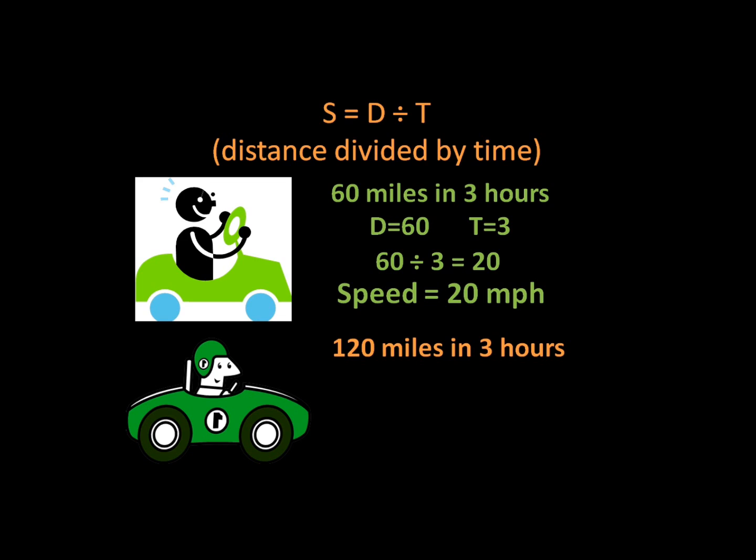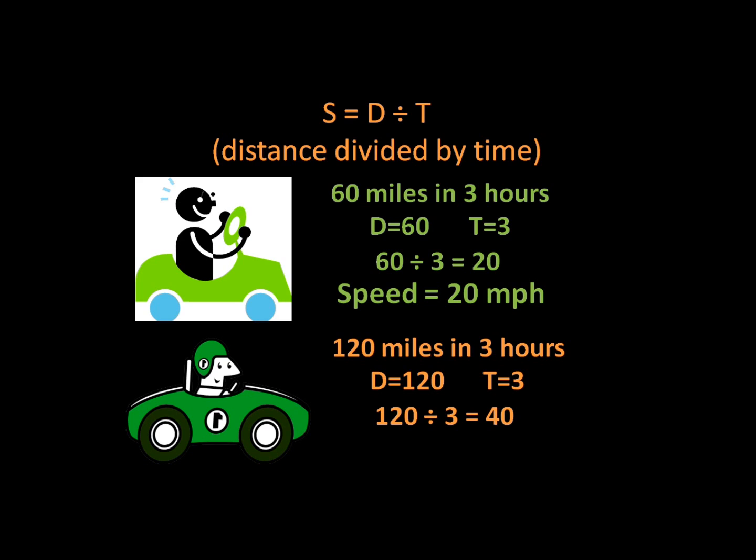The fast car's total distance was 120 miles. The total time was 3 hours. Let's plug in the speed formula. Speed equals distance divided by time. So we take the distance, 120 miles, and we divide it by the time, 3 hours. 120 divided by 3 equals 40.